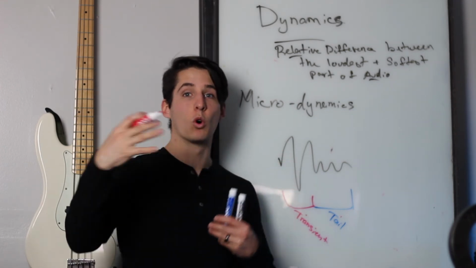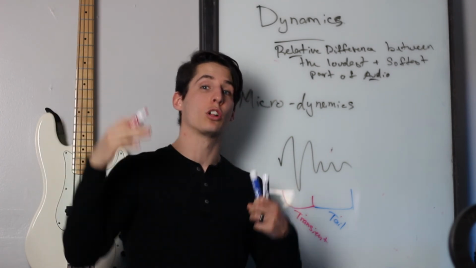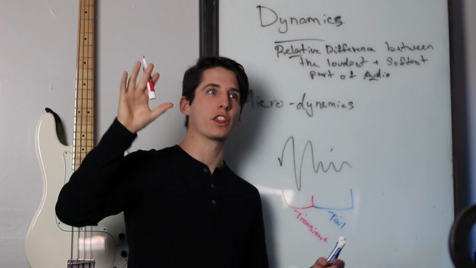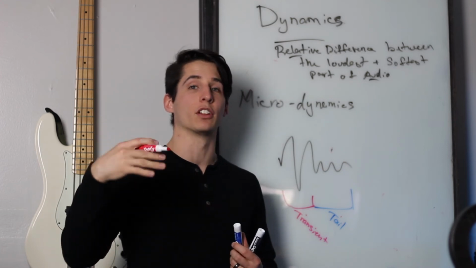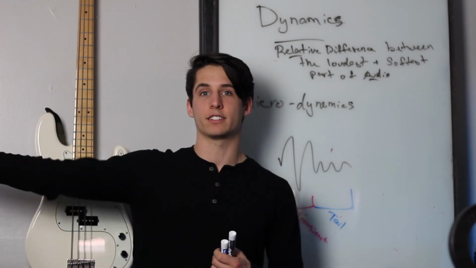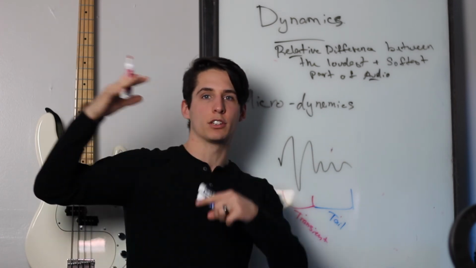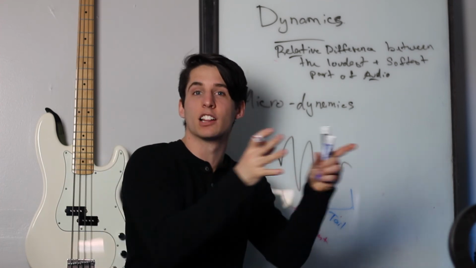Things that have more microdynamics sound closer to the human ear. Think of it as if I'm standing right next to you and talking to you, I'm going to have a lot more dynamic range than if I stand across the room and yell at you. I'm going to have less dynamic range between the microdynamics of the specific syllables of those words.